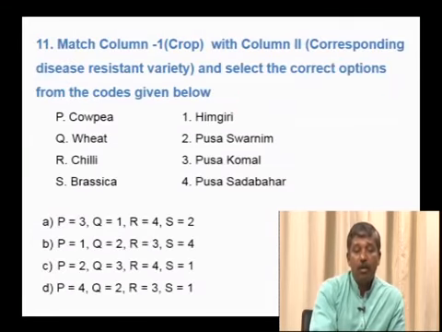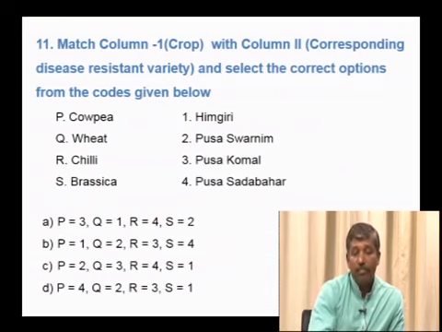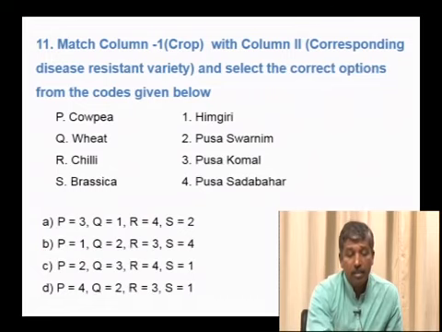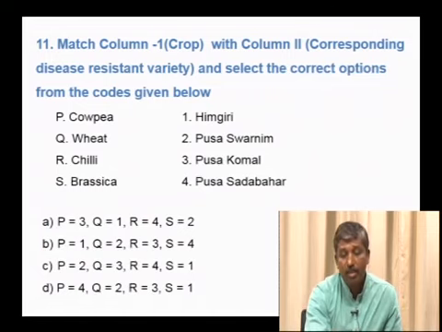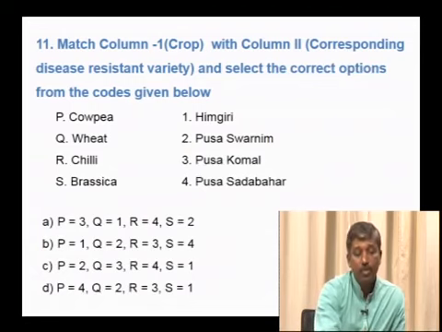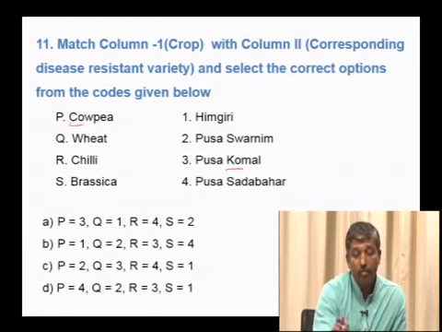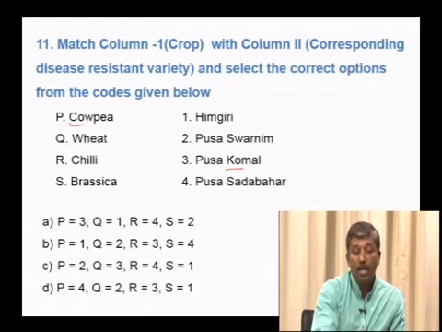Next, match the columns with respect to crop and the corresponding disease resistant varieties. In the first column are the crops, and in the second the varieties and disease resistance. Cowpea, Himagiri; wheat, Pusa Swarnim; chilli, Pusa Komal; brassica, Pusa Sadabahar. Cowpea, you can remember with 'ko': Pusa Komal.